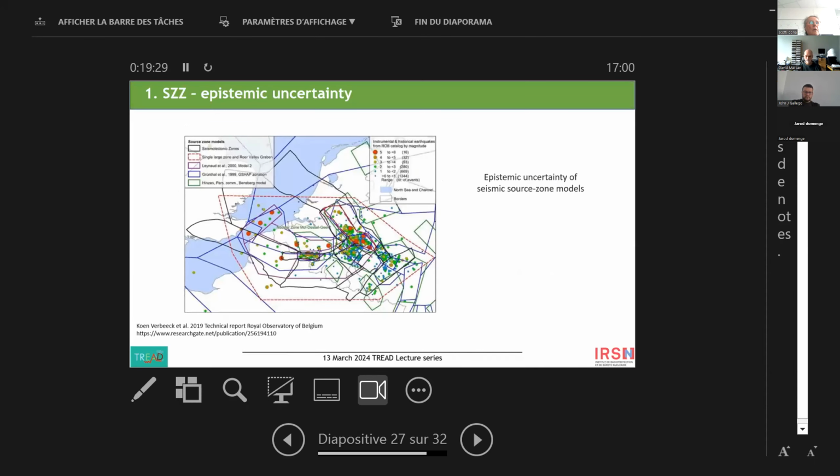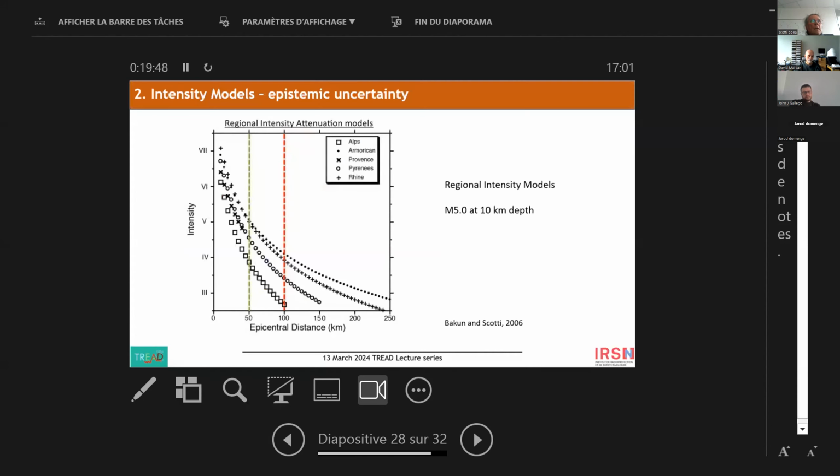But in reality, we also need to propagate uncertainties due to seismic source zone models. This is also from the Belgian study. As you can see, of course, geologists don't necessarily agree about how to frame these zones. You could have also regional attenuation differences. What I've shown you is a mixture of regional and national attenuation models.